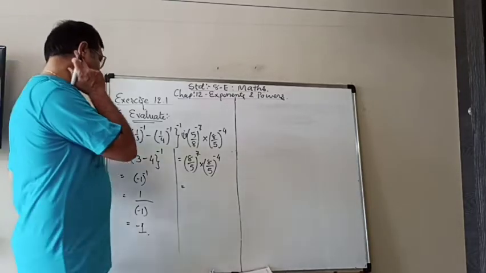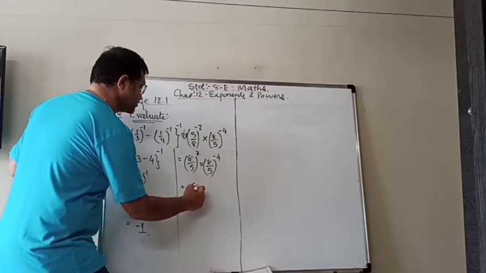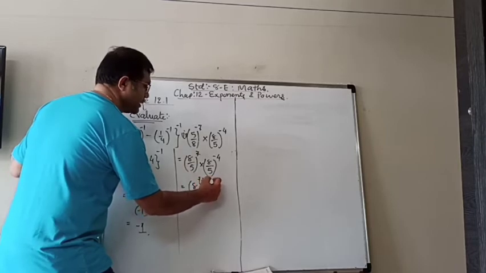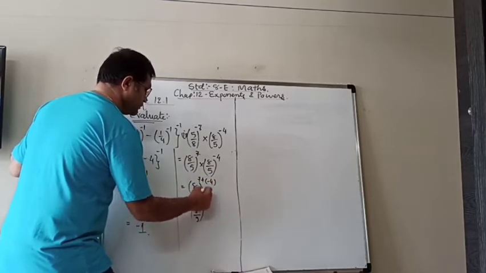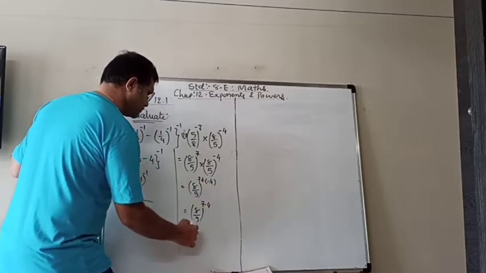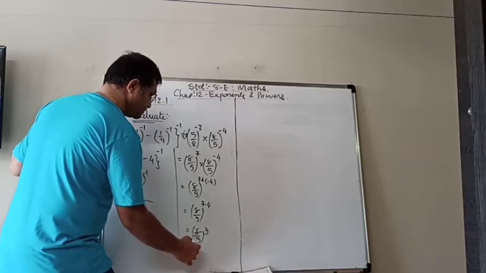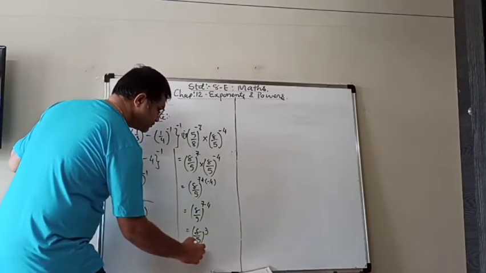What is our first law? When it is multiplied, powers are added. So (8/5) raised to 7 plus minus 4. Plus minus minus, so 7 minus 4. What is 7 minus 4? 3. (8/5) raised to 3. It means 8 raised to 3 over 5 raised to 3.